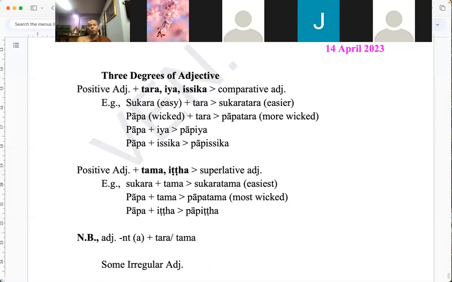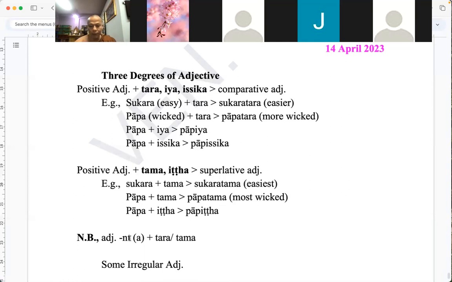But in the lesson 21, 22, 21st, 22nd in Pali Made Easy, we already learned some adjectives like the present participle adjectives. Those adjectives are ending in the consonant ant or ant.